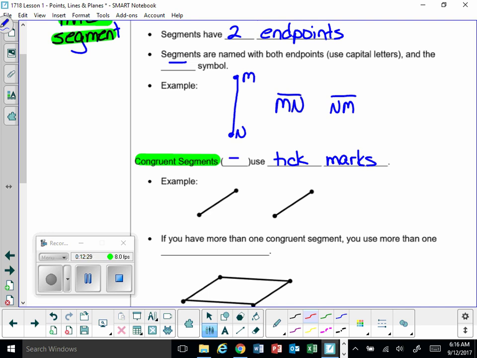We use our congruent symbol, the equal to sign with the tilde on top. And these two segments are congruent, so I would mark them with a tick mark in a diagram. If I named them AB and CD, I would say segment AB is congruent to segment CD.